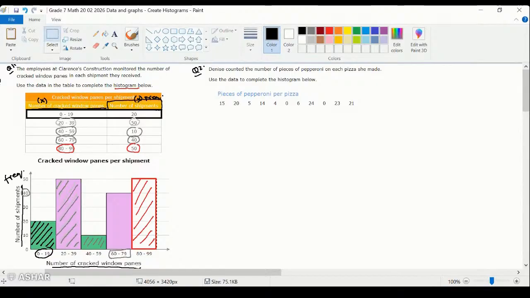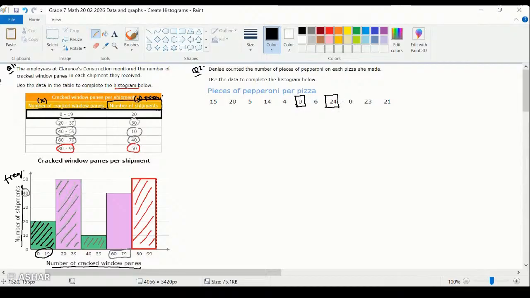What we know is that these are the number of pepperonis per pizza. So the first thing we do is see which value is the minimum. We know that 0 is the minimum. Let's look for the maximum value. The maximum value would be this, right?